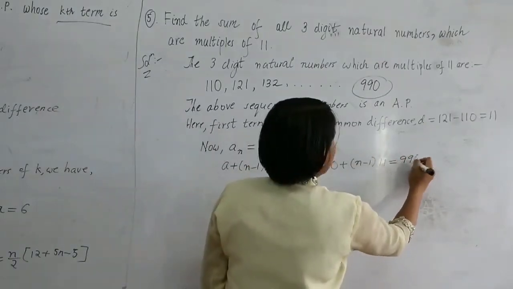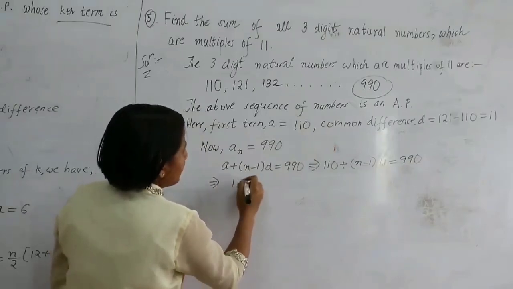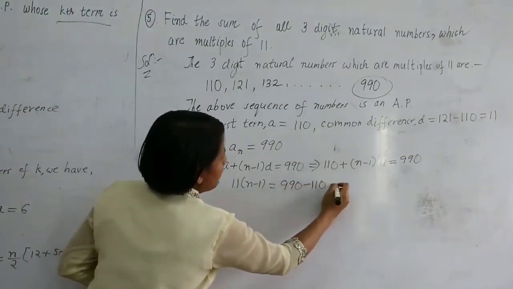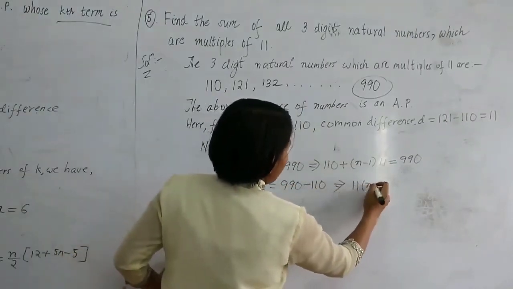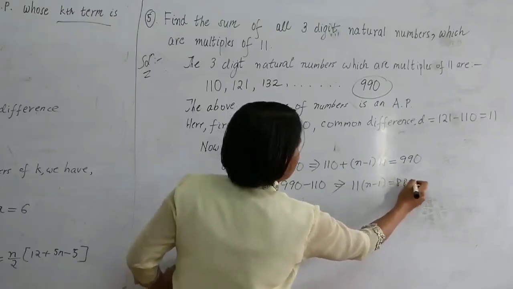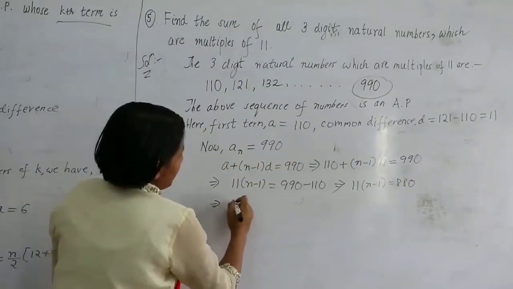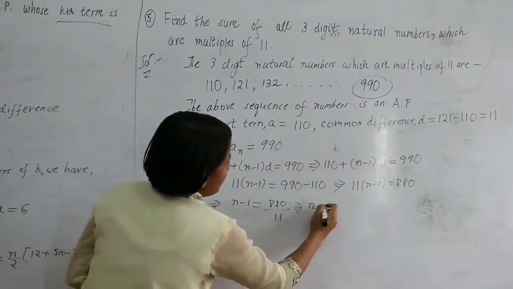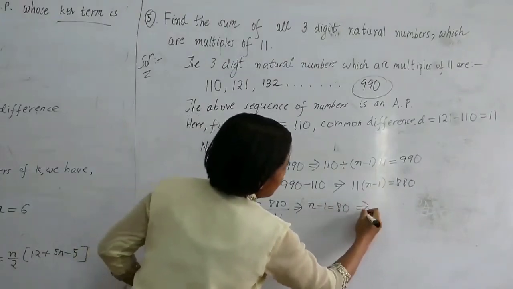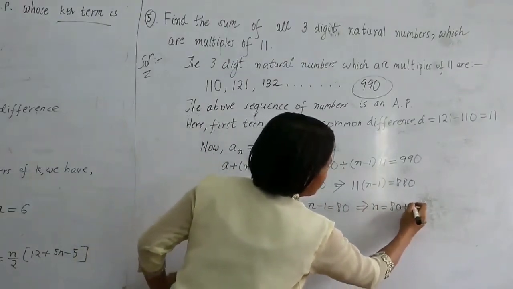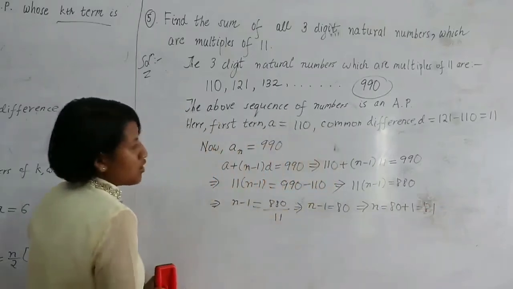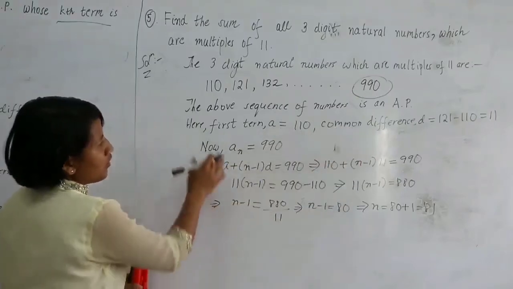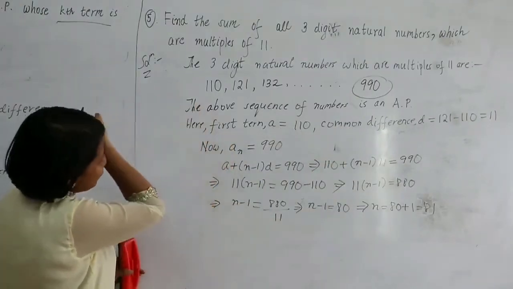It is 990. Then you carry this to the other side. 110 minus 990... Then n minus 1, divide this by 11, n minus 1 will be 80, so n will be 80 plus 1, which is 81. So you have got n, a and d.